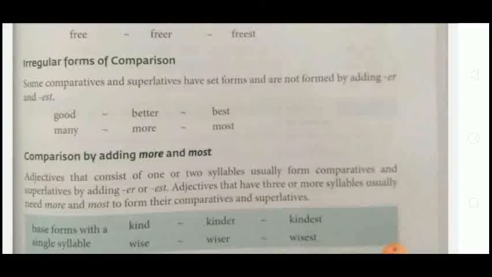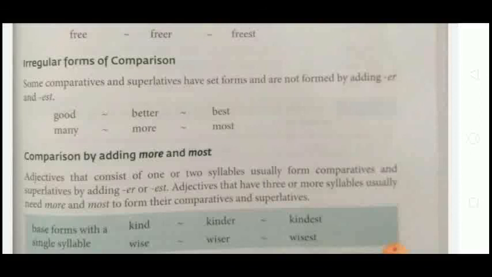Syllables means vowel sounds. If the adjective has one or two syllables, it will be followed by er and est, but if it has three or more, then we use more and most.